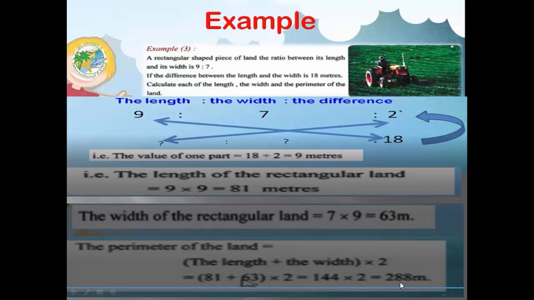Another solution: we can multiply to find the length of the rectangle, 18 times 9 over 2, and to find the width, 18 times 7 over 2. The length, 18 times 9 over 2, is 81 meters.